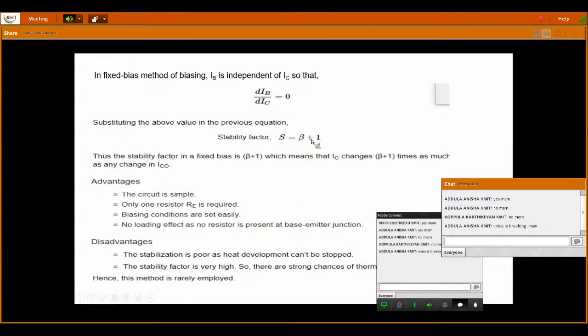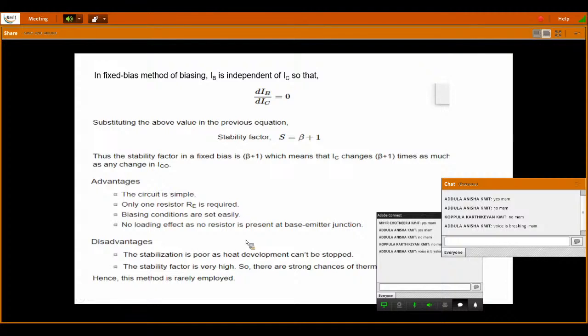So stability factor in fixed bias circuit is S equal to beta plus 1. So the advantages and the disadvantages. This circuit is simple. Only one emitter resistor is required to stabilize your current, and the biasing conditions are set easily, so you can fix your biasing values.